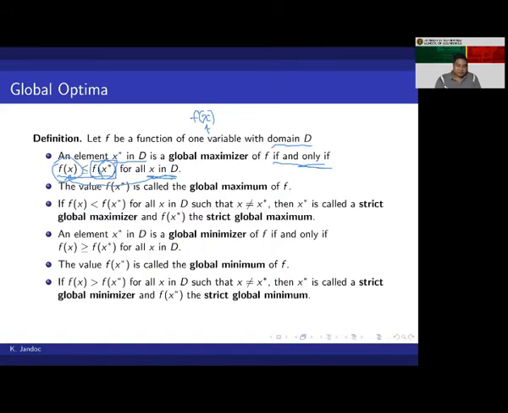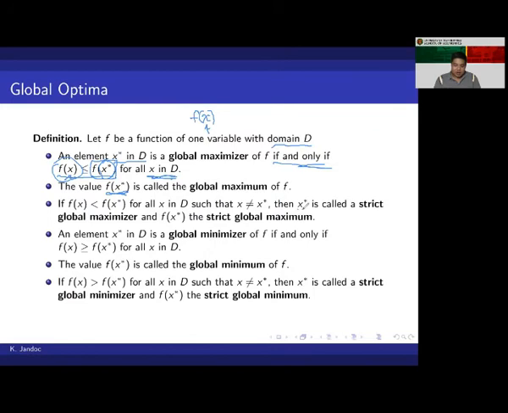Once you plug in x star to the function f, this value, f of x star, is called the global maximum of the function f.